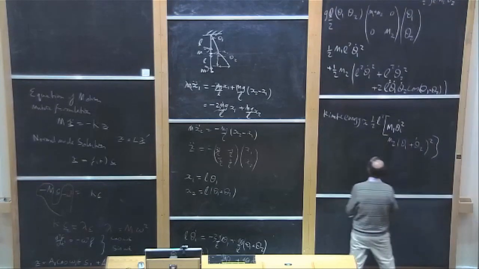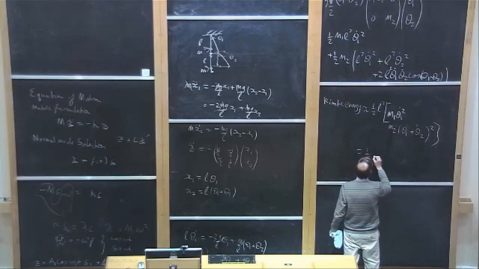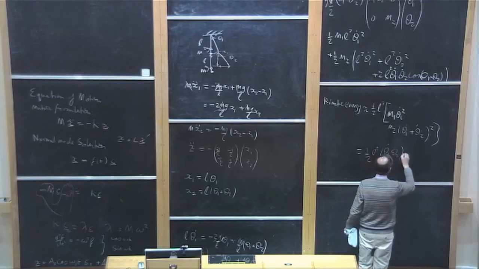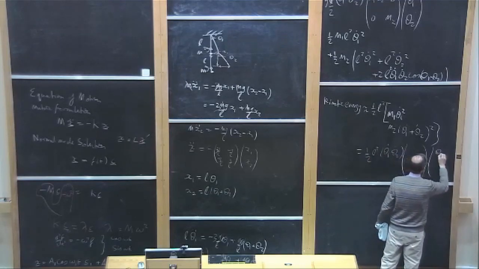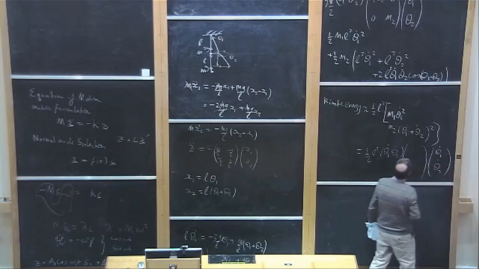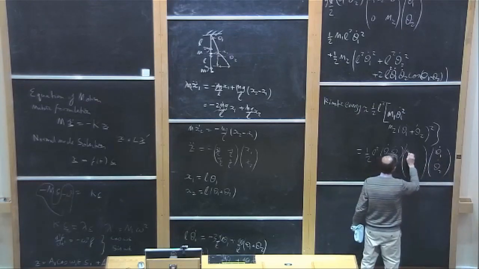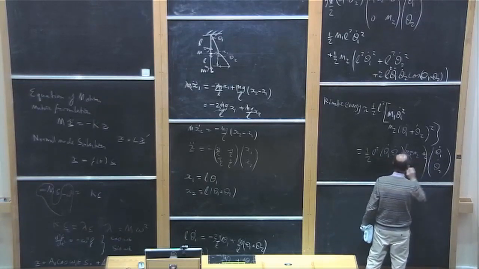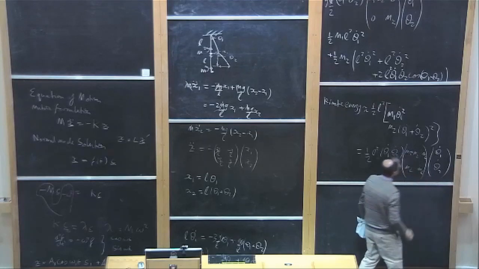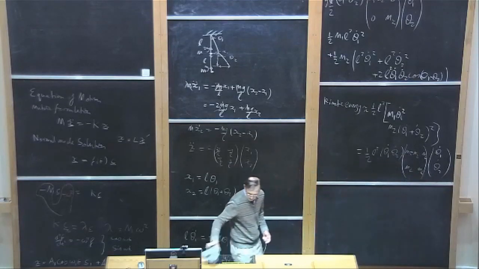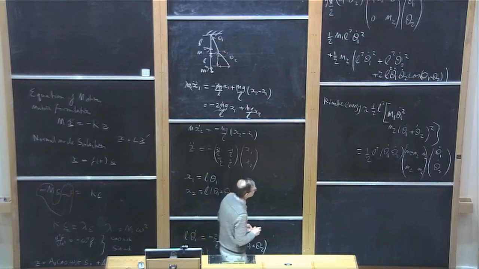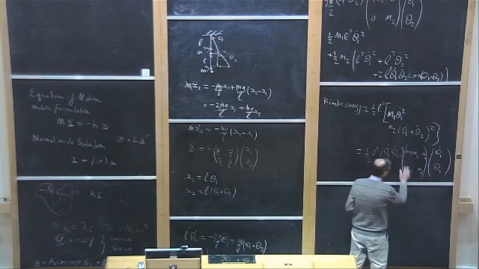And now we can write that as a quadratic form, 1/2 L squared, theta 1 dot theta 2 dot, and what we need to put in here is an m1 and then an m2 there.